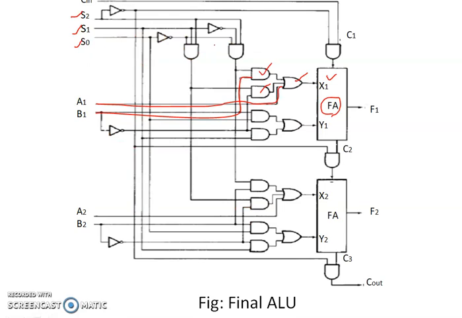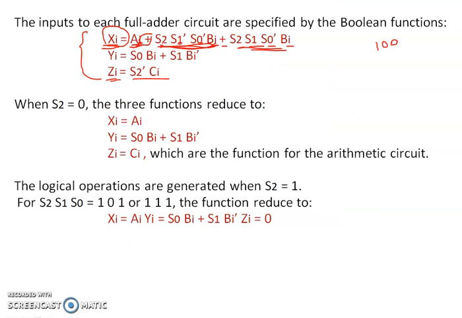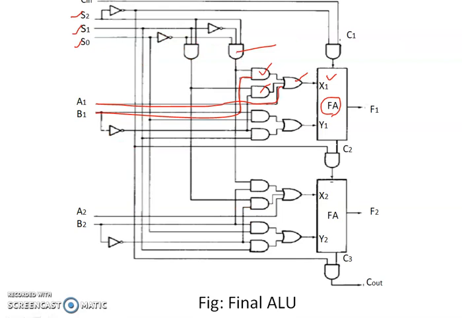So for that purpose, again we are making use of an AND gate over here, and this AND gate takes what? S2, S1 complement and S0 complement. So S2 will be taken, then S1 complement.